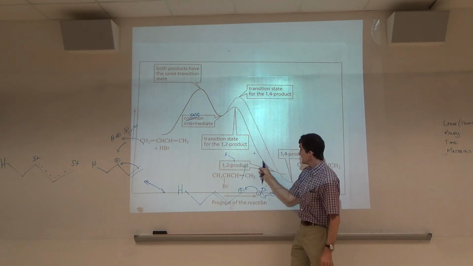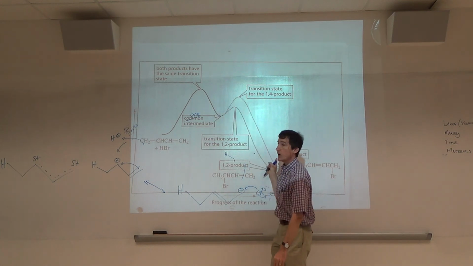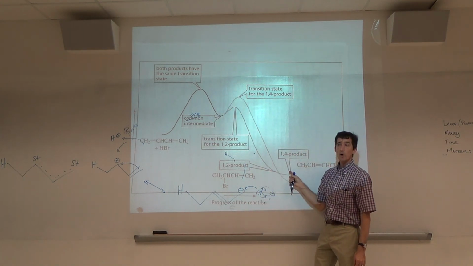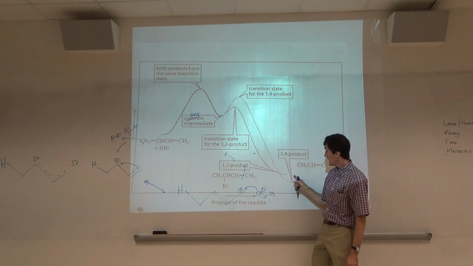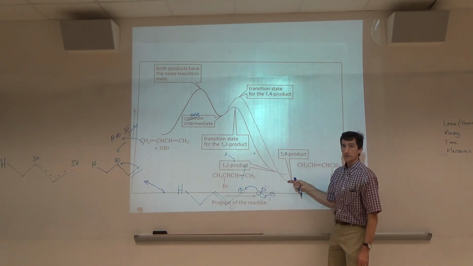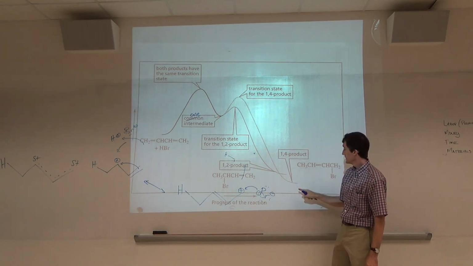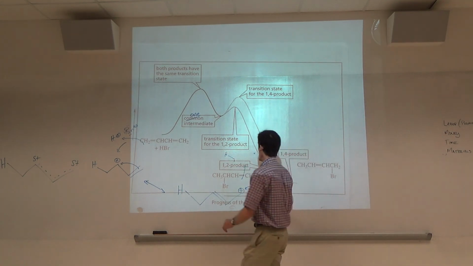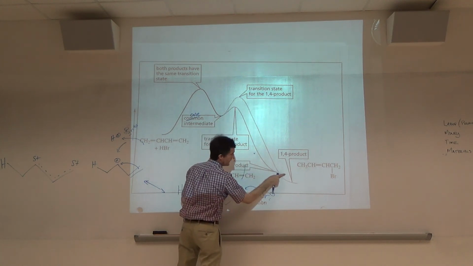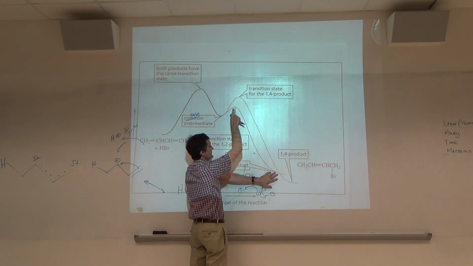Now, with heat, we actually can go any way we want. And when you start going any way you want, you're no longer dealing with kinetics, you're dealing with thermodynamics. How are you going to decide? If either one can form, you base it on which is more stable. The reaction goes this way, you probably form this, but with heat, it can go backwards.